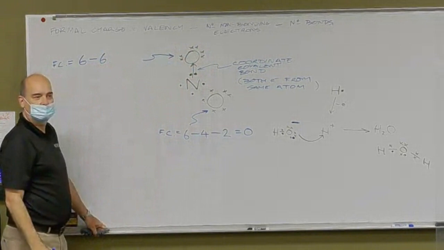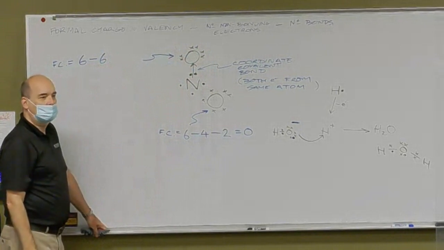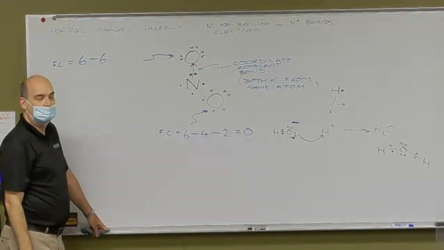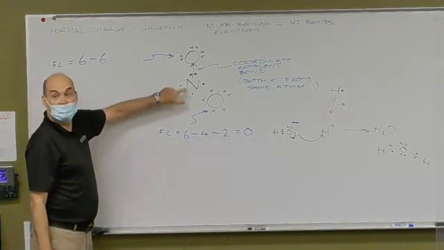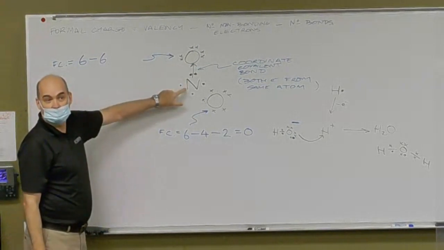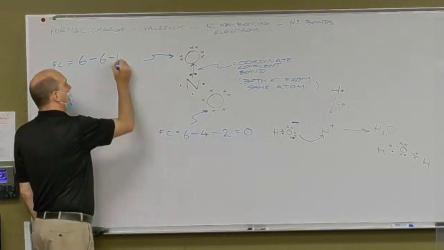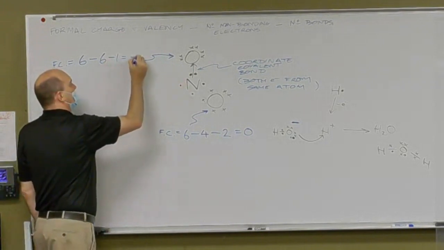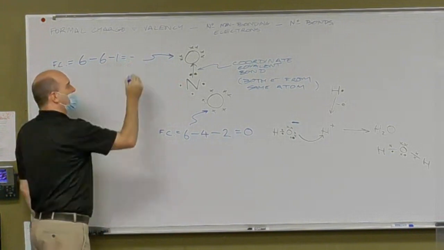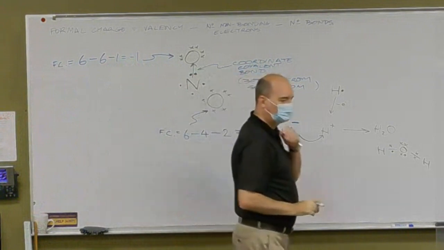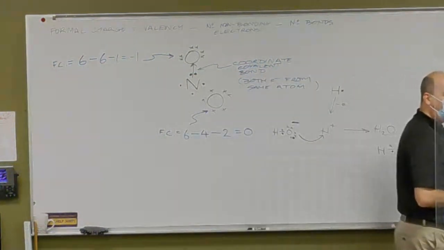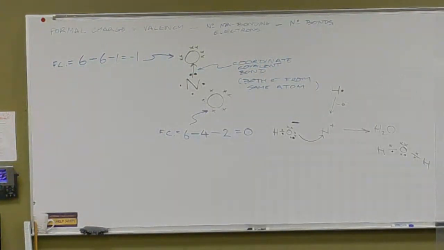I count 6. And then how many bonds are there from that oxygen? That oxygen is bonded to this nitrogen 1 time. Six minus 6 minus 1 is minus 1. Were we expecting a charge on an oxygen that only has 1 bond?